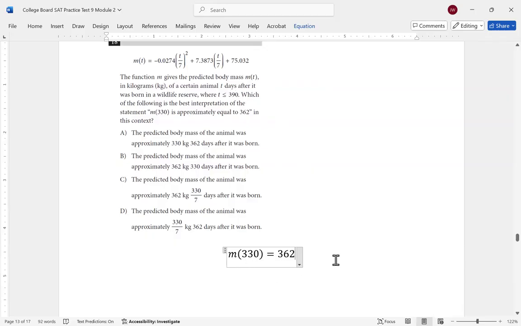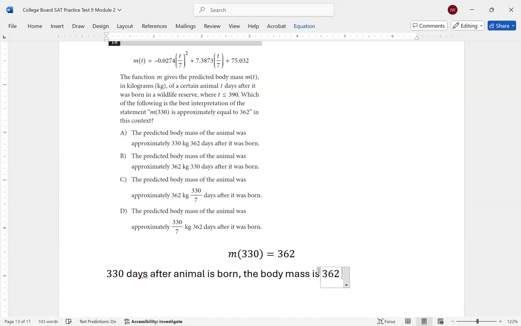So basically, this is saying that 330 days after the animal is born, the body mass is going to be 362, and that's in kilograms.